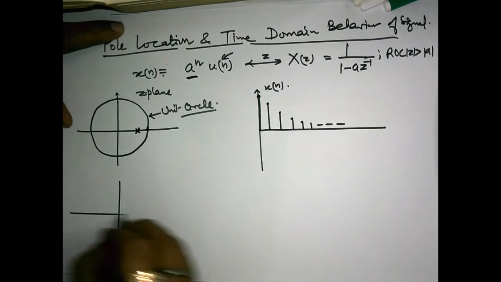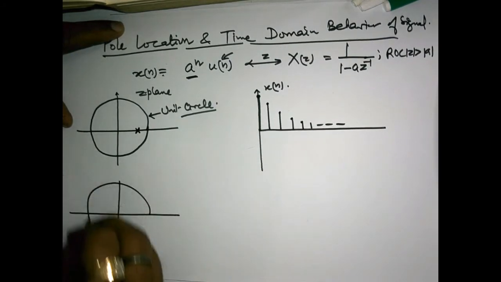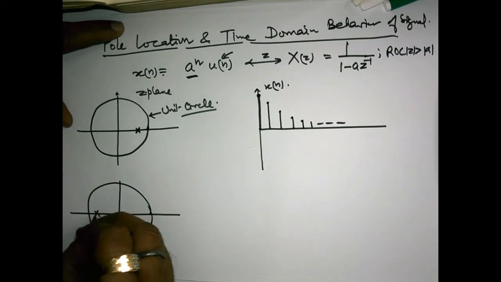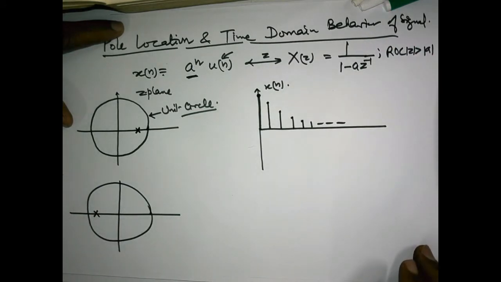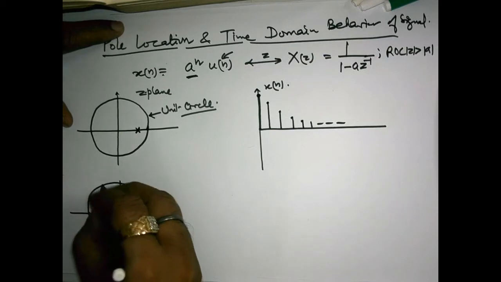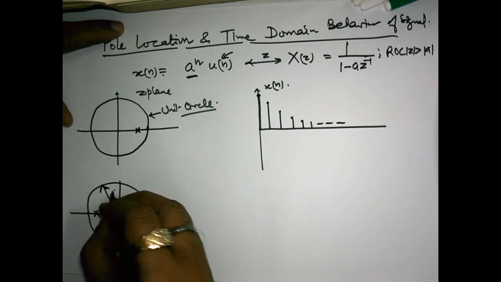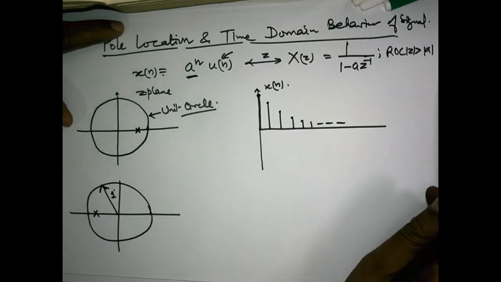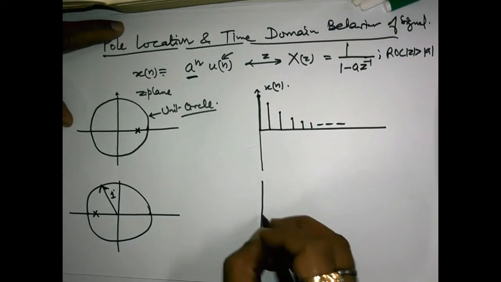Now suppose this pole lies at the left hand side of this circle, and that too interior to this circle having radius 1. Then what will happen?